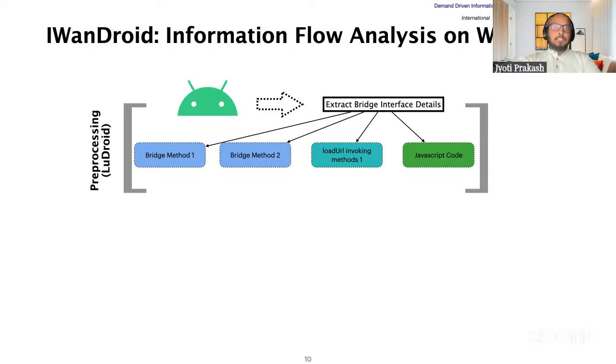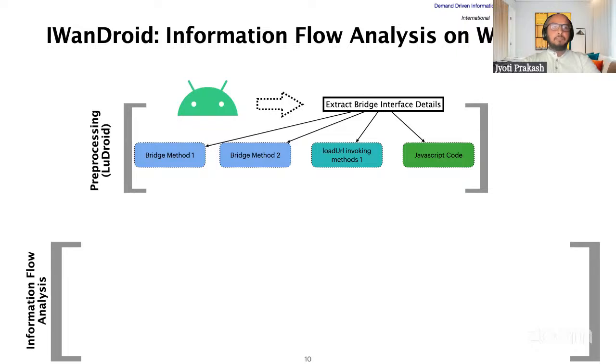In the first step, it takes the APK file as input and extracts the bridge information and the methods which invoke this bridge communication, like loadUrl and evaluateJavascript, and also does some string processing to extract the JavaScript. Since the JavaScript code in this part is represented as a string, it does static string processing to extract the JavaScript code.